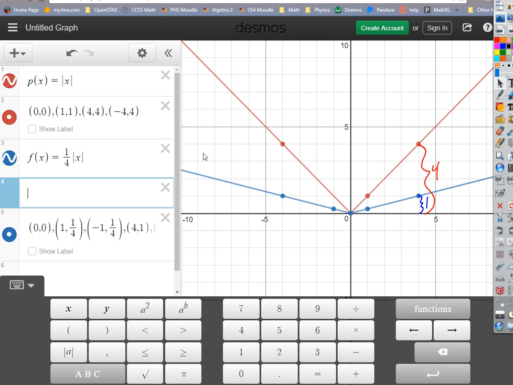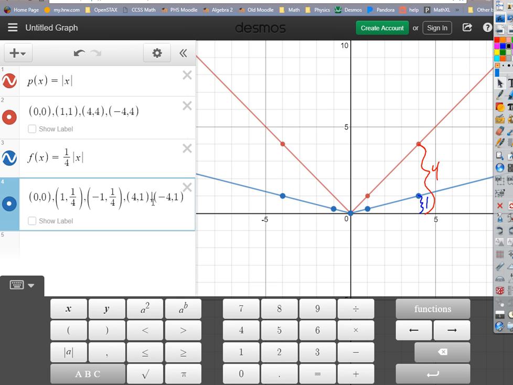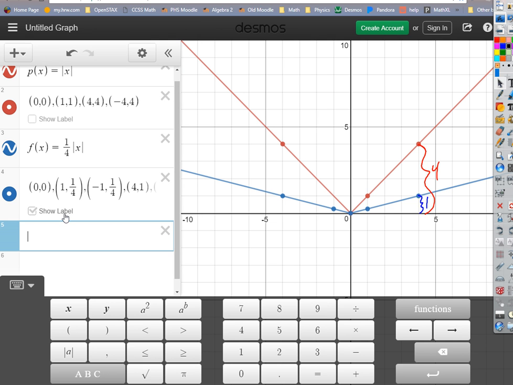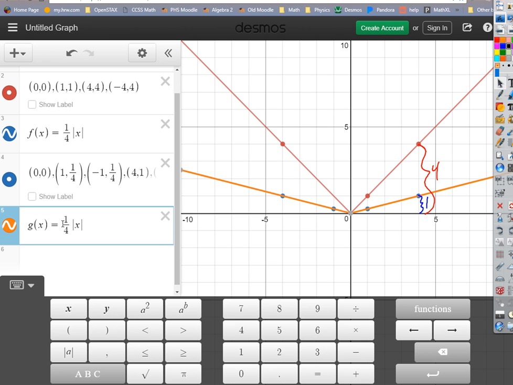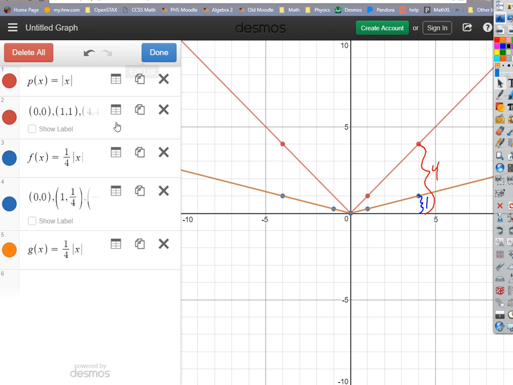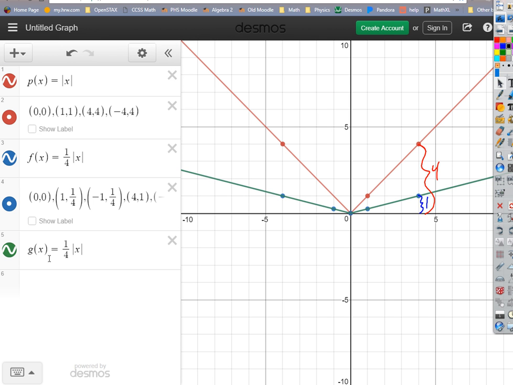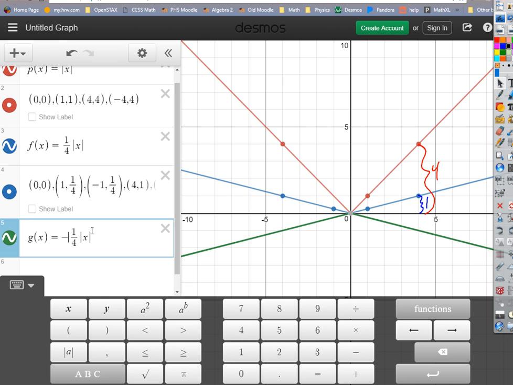So let's make a new one, let's call this g of x, and it's going to equal, start off with that. Let's change the color. Let's make it green. Okay, and if I multiply also by -1, look what it does. As expected, it's going to reverse that function around.